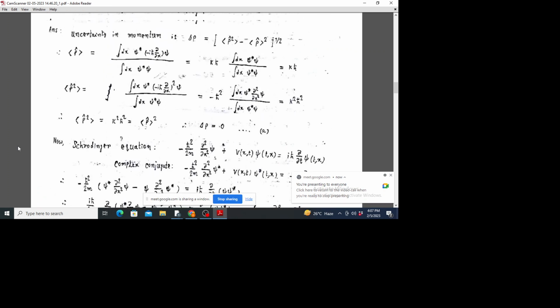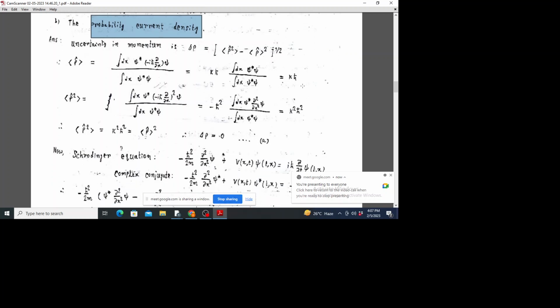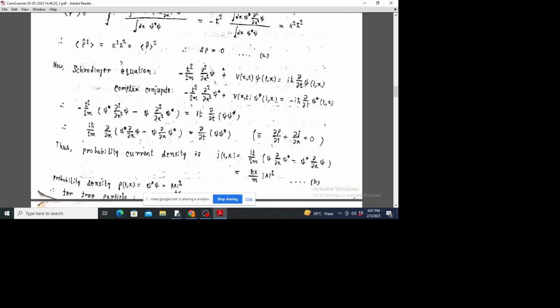I am asking about the probability current density. Those are two different things. Sir, is it minus h cut by 2 m i, psi star del psi by del x plus that thing? Yes, that one.